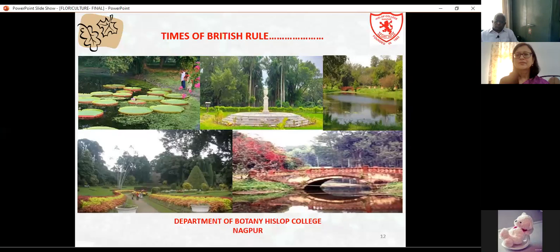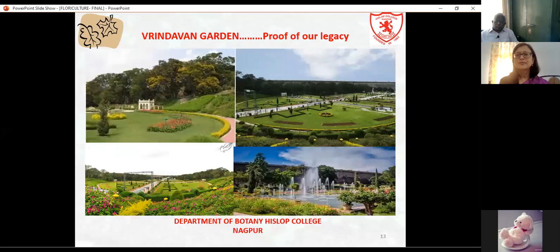So gradually, when we come to the recent, I consider Vrindavan Garden, the construction of Vrindavan Garden, as recent. This was started in the year 1927, and it was completed in 1932, and it was started by the Diwan of Mysore.